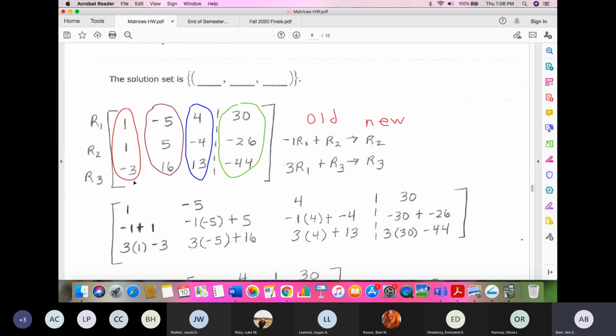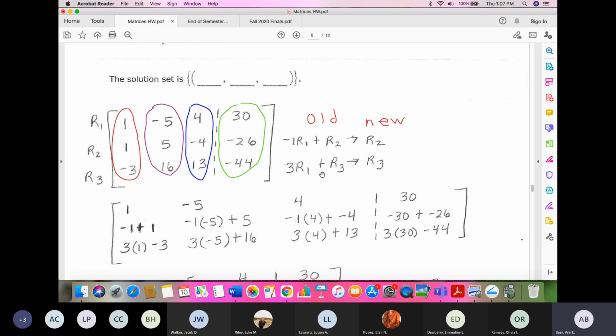Then we look at this one. When we do the process again, we want to get a 0 there as well. We can use the same 1 to do so. Here's our number. Take the opposite, change the sign. That would become a +3. Times the row with the 1.